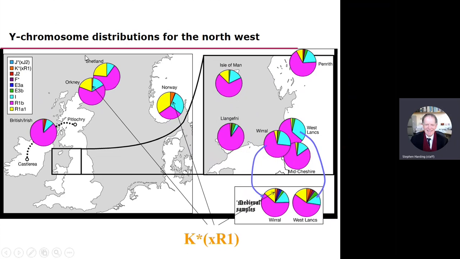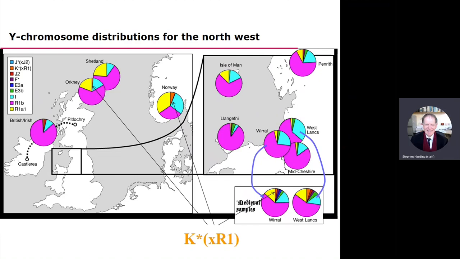So Shetlands and Orkneys, as you'd expect, also have a significant proportion of R1A1, as well as the other groups. And Isle of Man and Penrith. And in terms of the modern West Lancashire and Wirral populations, there's a small sign, but not much. So these are people without that criteria of surnames.